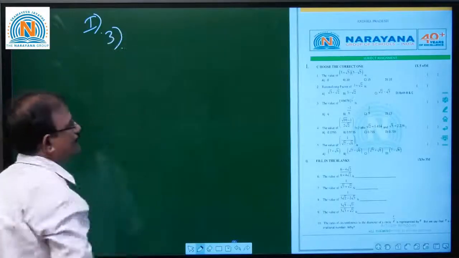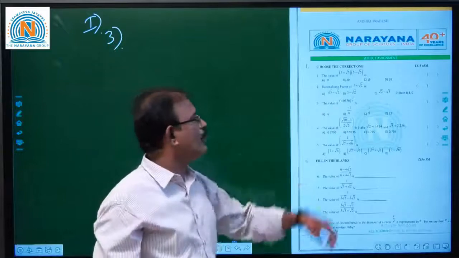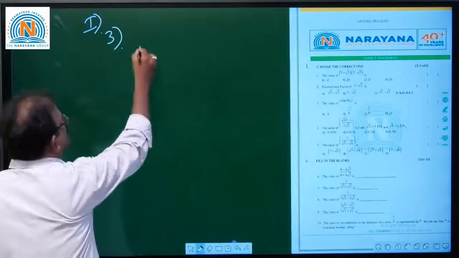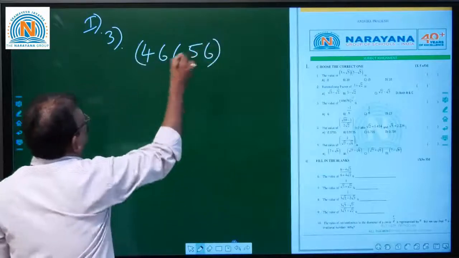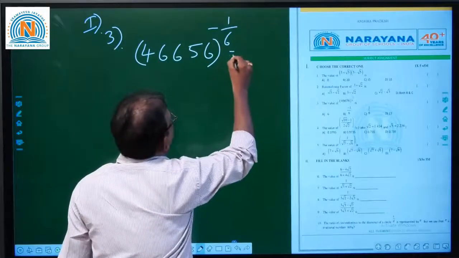The third one: what is the value of 46656 whole power minus 1 by 6?